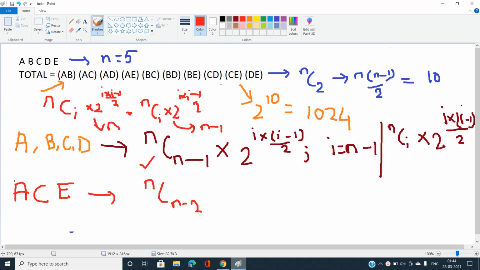And what should be the total number of combinations? 2 power I into I minus 1 upon 2, where I is nothing but n minus 2. What do we have to do with this amount? We need to add this amount to the answer we are holding.